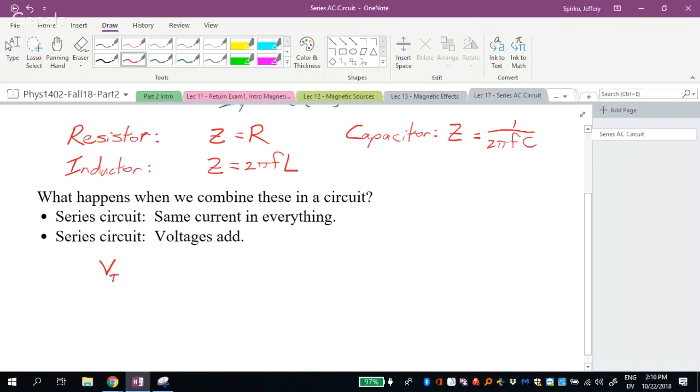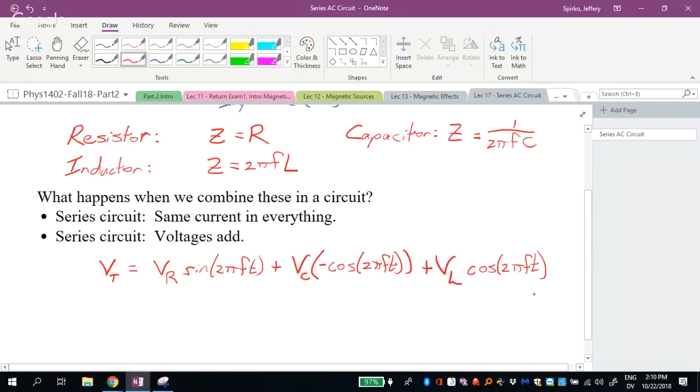V total is equal to V of the resistor times sine 2 pi ft, plus V of the capacitor, hang on, I'm going to get this right, times minus cosine 2 pi ft, plus V of the inductor times regular cosine 2 pi ft.